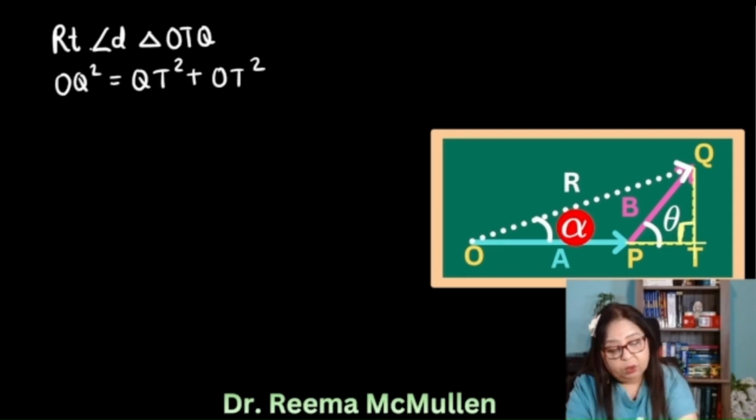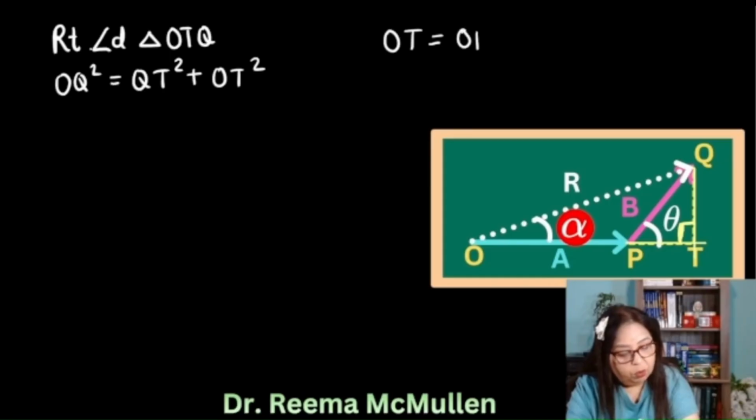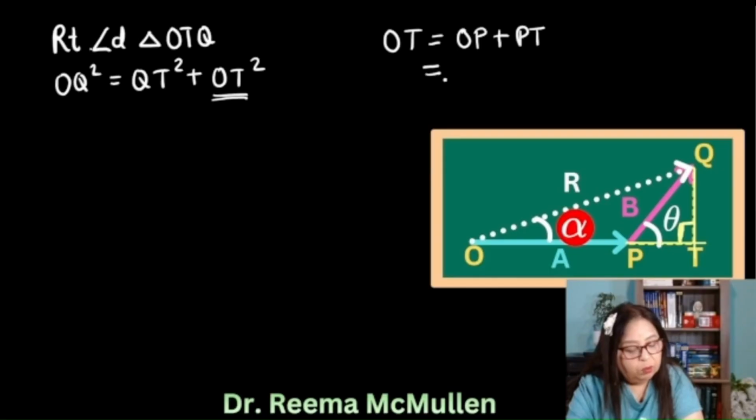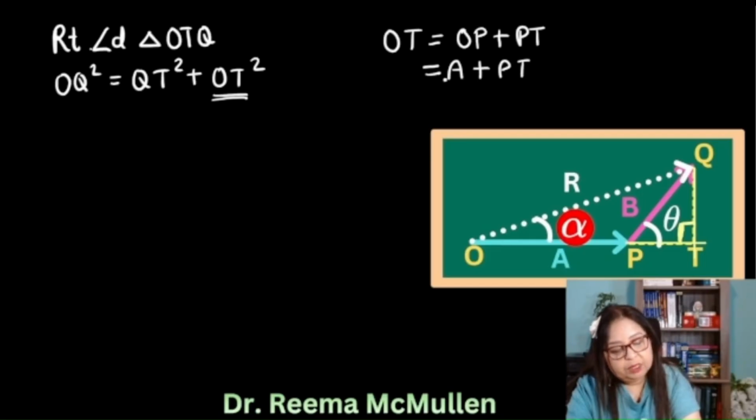Now OT is made of two segments, OP plus PT. OP is equal to the magnitude of vector A. And PT, let's leave it equal to PT. So OT is equal to A plus PT.